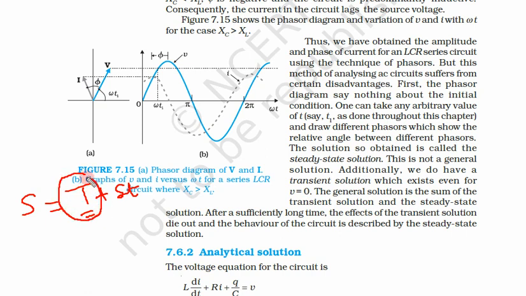These changes are called transient solutions. After some time, these transient solutions die out because things get into the steady state solution. Then the steady state solution is valid. This phasor technique gives us the steady state solution, not the transient solution.